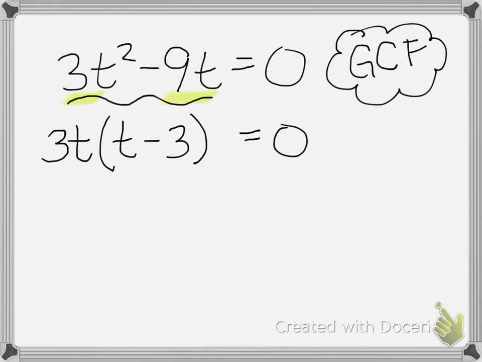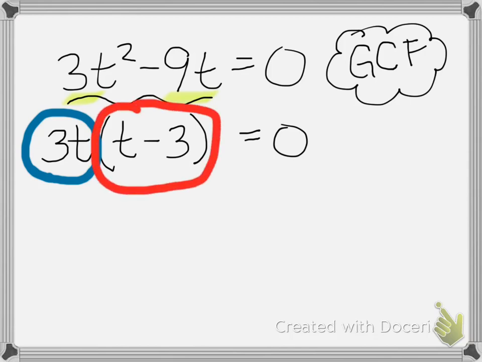Okay. From there, I can use the product rule and say, well, if I can figure out what makes this 0, that's one of the answers. And if I can figure out what makes this 0, that's the other answer. So if I look at just this 3t equals 0, how would I solve that?